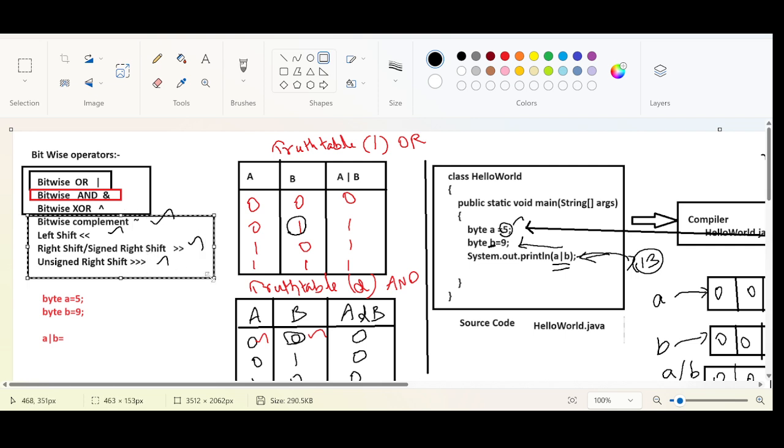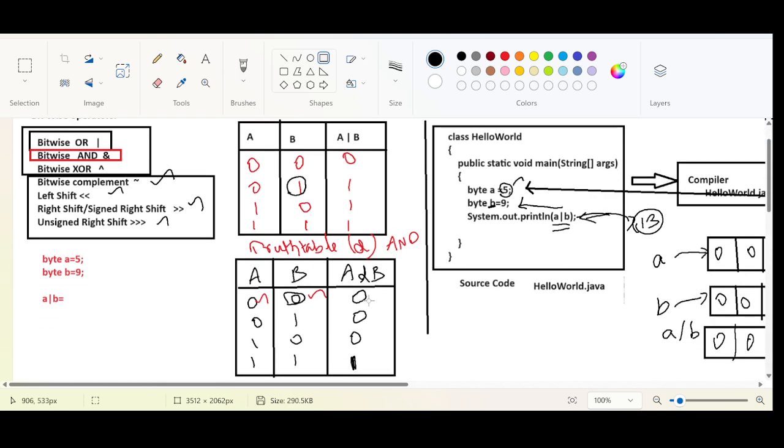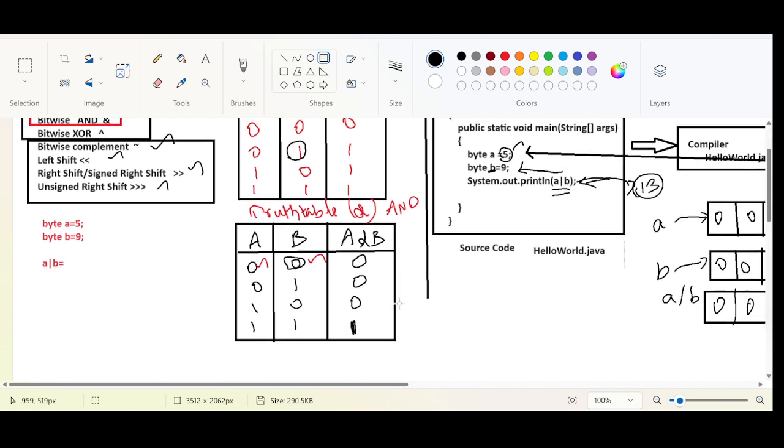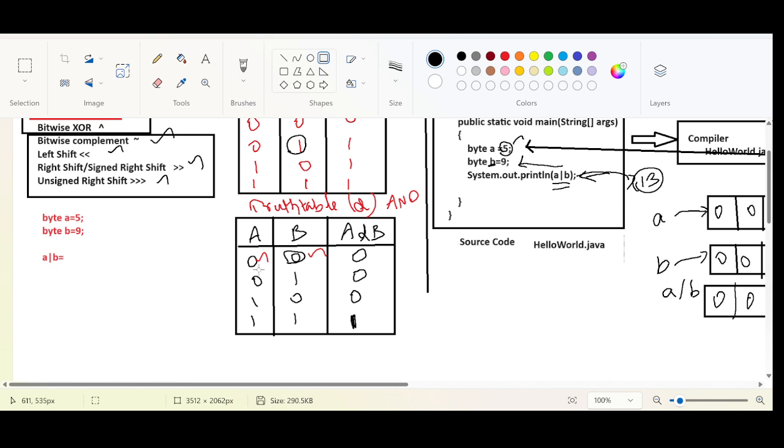Today we will discuss this, and every discussion happens with respect to the truth table. I don't think I need to explain it once again. This is the truth table for the OR operator, and this is the truth table for the AND operator. For any two inputs, the output is calculated according to the truth table of each bitwise operator.